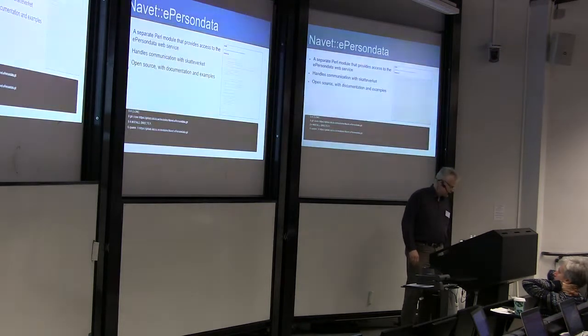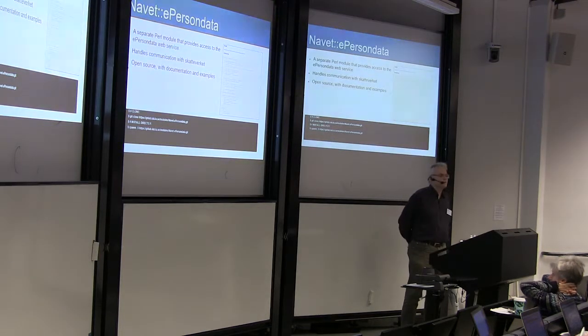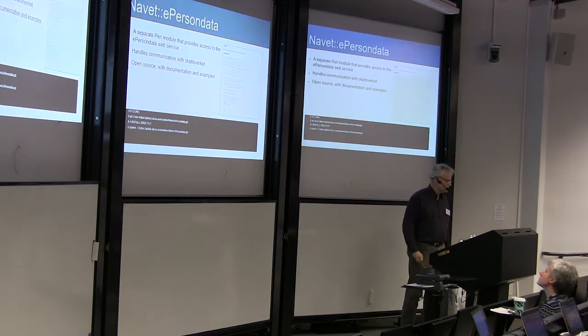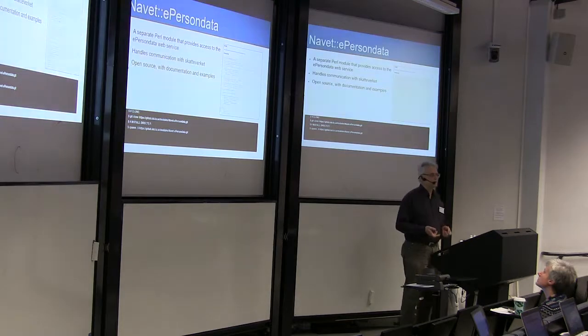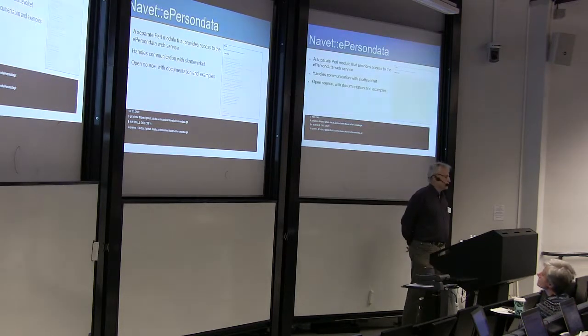So we in Lund have developed our own module for managing this client code. It's a separate Perl module. It's not a part of Koha, so it could be used for any application that needs to get information from Navet, and it handles all the details of the communication with Skatteverket.